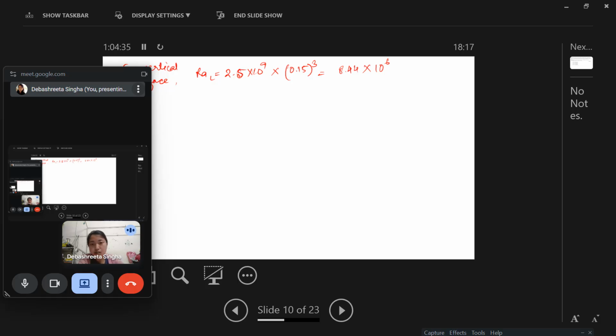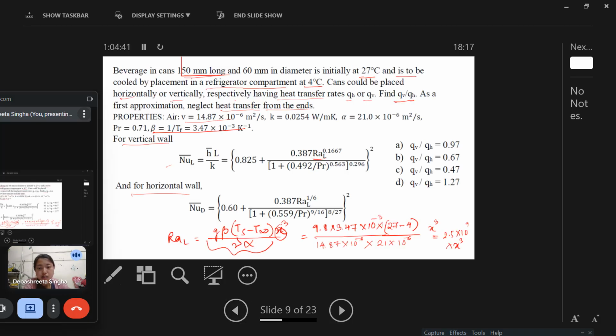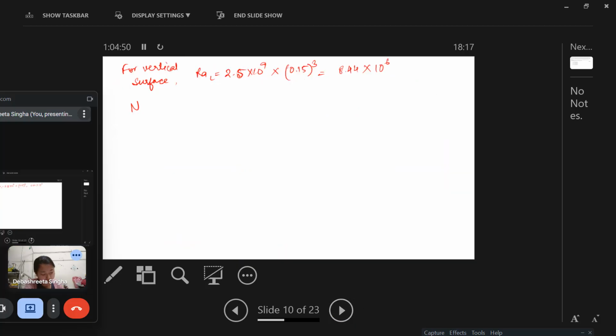Now for this vertical surface, they have given the Nusselt number HL by K equal to 0.825. We just have to copy this.